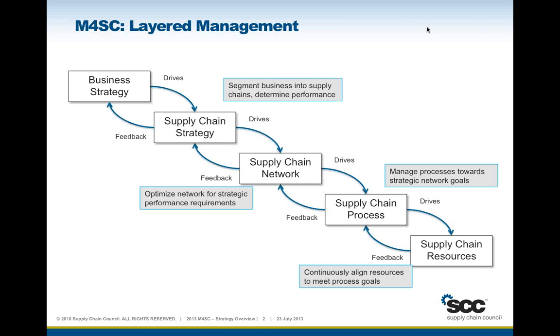So the fourth box then takes those changes on the process layer or the processes in general and says, what are the resources that we need to put in place to make these processes happen? So this is an ongoing process of looking at the resources in your supply chain. So think about IT resources or technology resources.